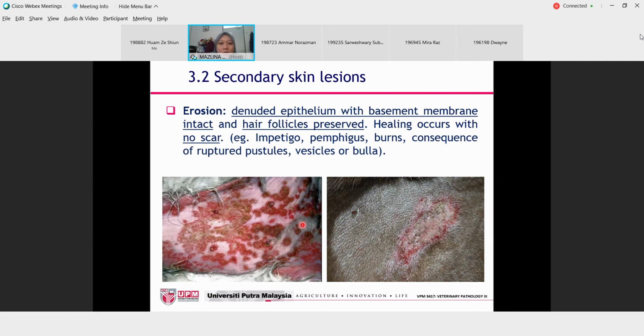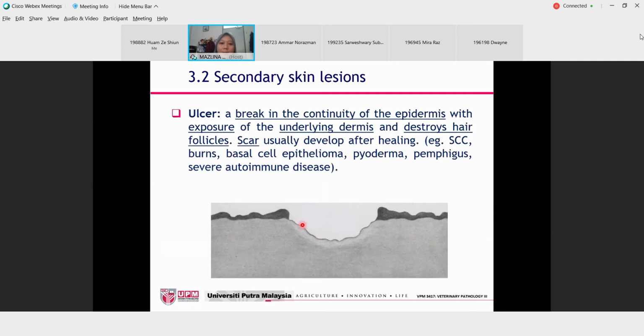Okay, ulceration is basically a break in the continuity of the epidermis. So you see that there is clear discontinuity of the epidermis with the underlying dermis exposed, and here definitely the hair follicles are all destroyed.